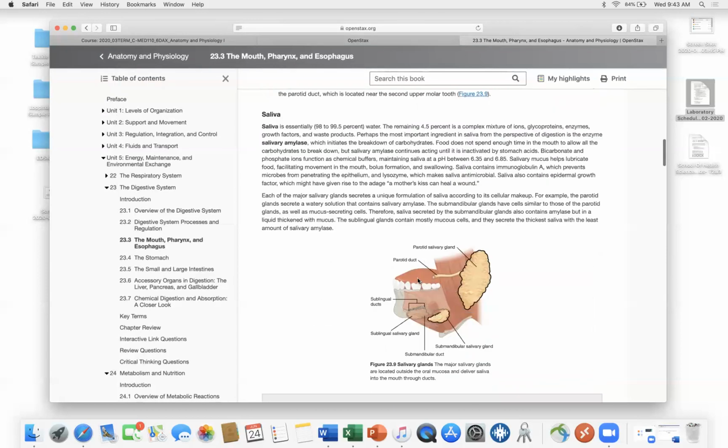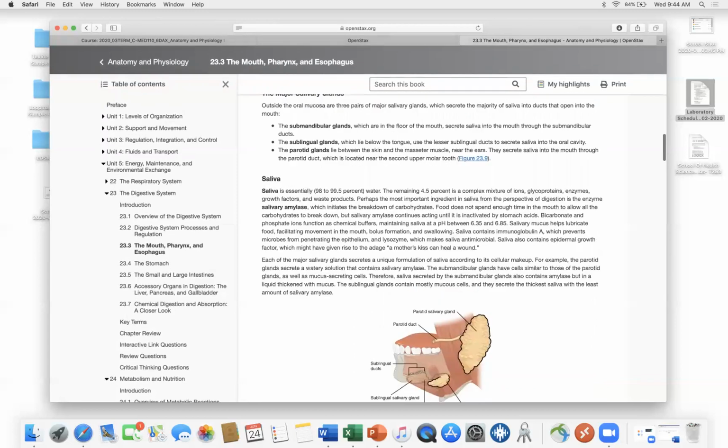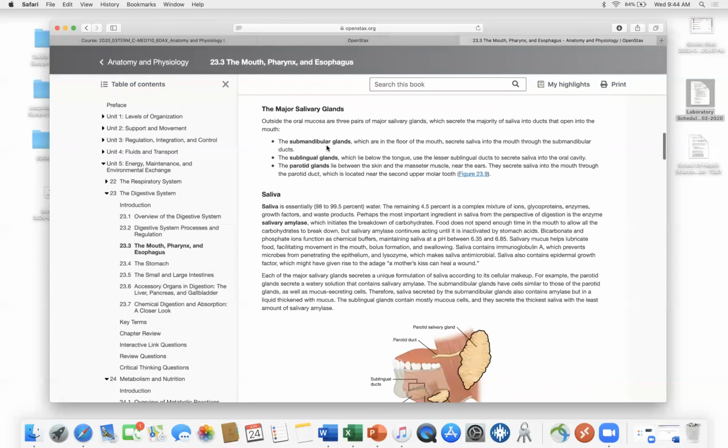You have mastication or chewing, then those three glands: your submandibular, which is under your mandible or your jawbone, your sublingual, which is underneath your tongue, and your parotid gland, which is near your masseter muscle, near your cheeks. Now, do you know where your masseter muscle is? Pretend to chew. Put your palm on your cheek and pretend to chew.